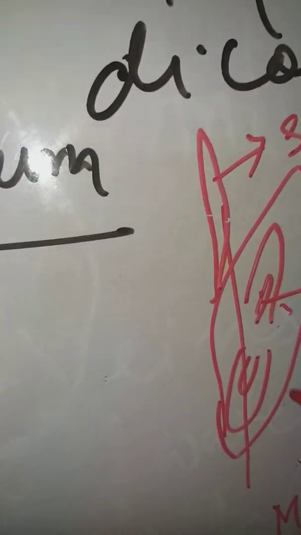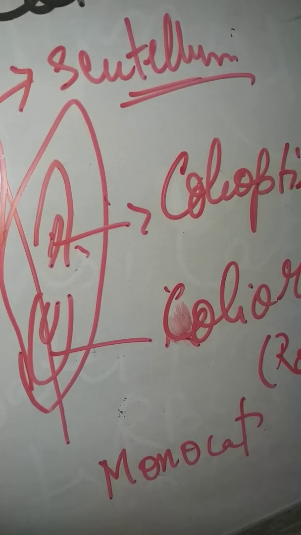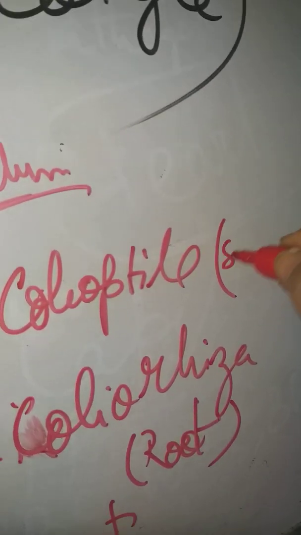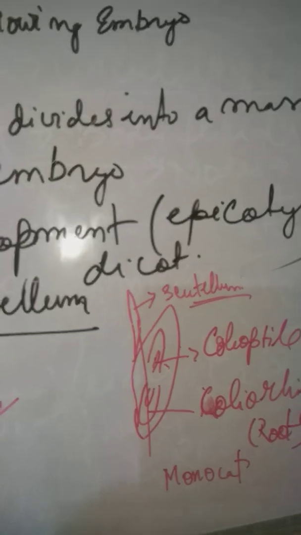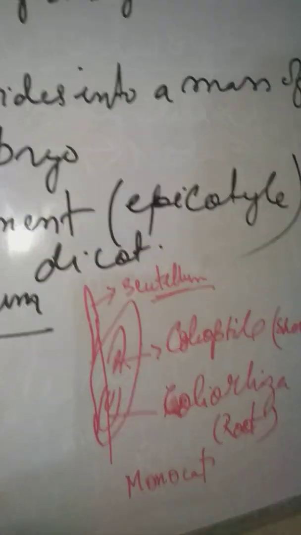Coleoptile, and here this is the coleorhiza. Now what is coleorhiza? Coleorhiza is the root initiator. What does it initiate? It initiates the root. And what is coleoptile? It initiates the shoot system. Clear? You can see the same thing here, and this is the scutellum.